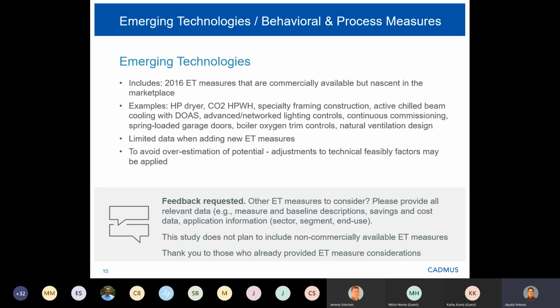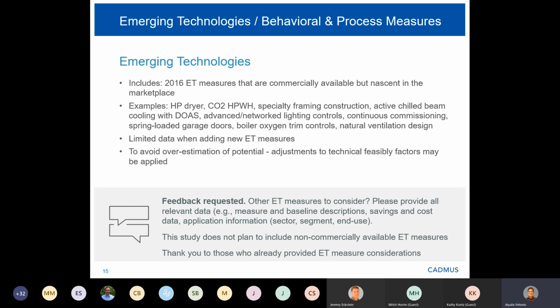By all means, please send more if there are, and we'll consider them. As you know, there are limited data when adding in emerging technologies. Primarily we focused on emerging technologies that are currently available, but we didn't necessarily include non-commercially available emerging technologies. And so this study is going to be focused on the same approach as we did last time.